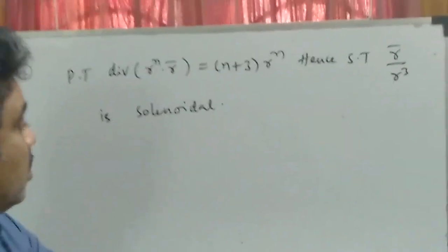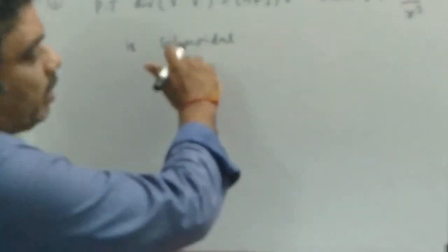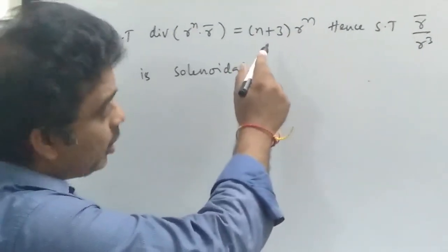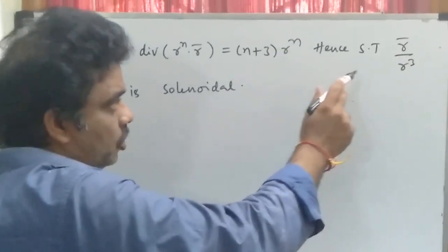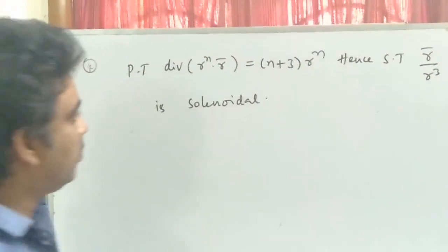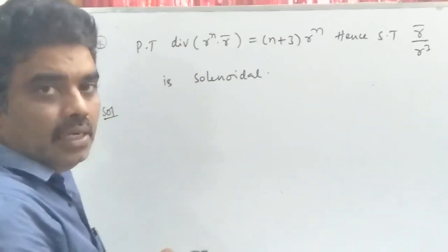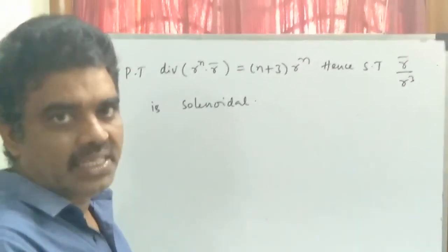Problem number 4. Prove that div of r power n into r bar is equal to (n plus 3) into r power n. Hence show that r bar by r cube is a solenoidal vector. Solution. We already know that r bar is the position vector of the point x, y, z.